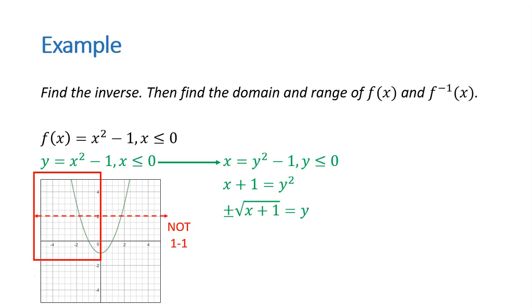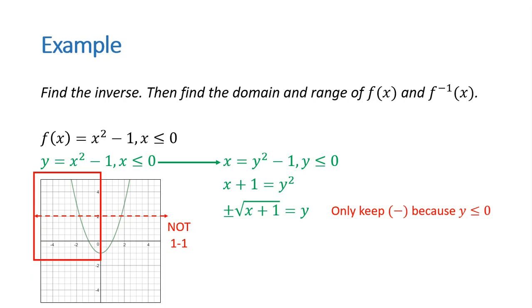So what do we do? Well, this is where that y less than or equal to 0 comes into play. We only want the part of our particular rule that corresponds to negative y values. We want y to specifically be less than or equal to 0. That means we're only going to keep the negative. We keep the negative of the square root of x plus 1 because that's going to give us the y values that are less than or equal to 0.